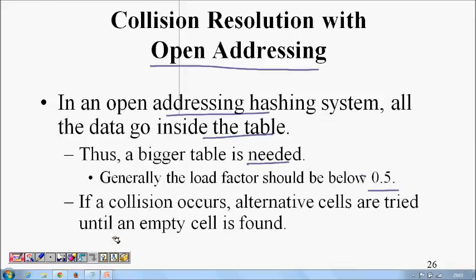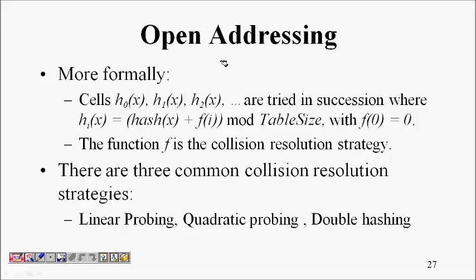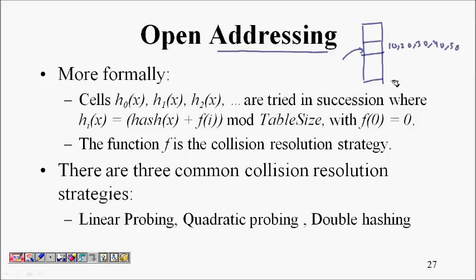In open hashing, whenever there was a collision, something like 10, 20, 30, 40, 50 with the hash function h(x) = x mod 10, all these values will hash to index 0, and then we make a linked list like this.